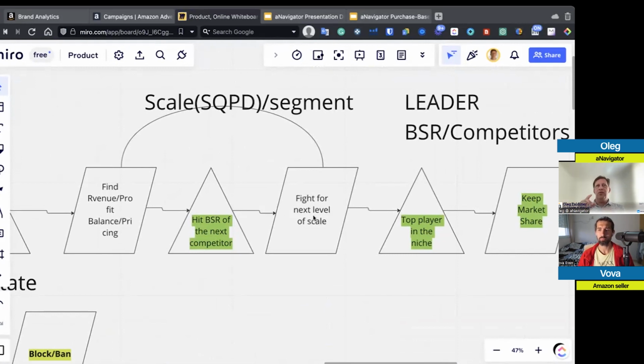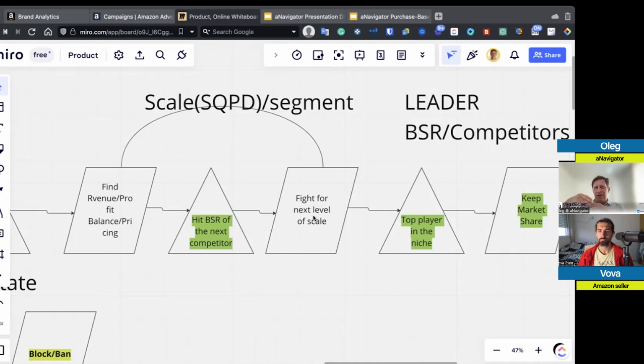The main idea is to understand, okay, our BSR is 3,000 and his BSR is 2,500. As we said at the beginning, it's all about taking market share from someone else. So we can use tools to learn where he takes his business from, Brand Analytics, etc., and try to squeeze out his positions from someone else.